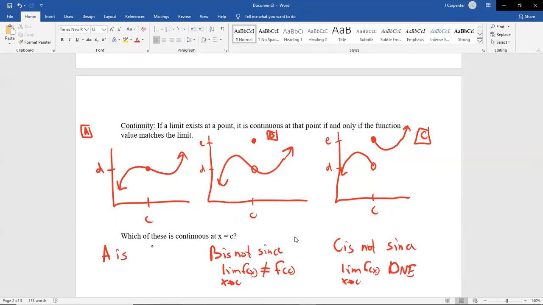Now, you can also talk about a function being continuous everywhere instead of just at a single point. So, let's put some numbers in here from 0 to 10. This thing is continuous at 1, it's continuous at 2, at 3, at 5, at 10, it's continuous everywhere. That's because to draw this thing, I just put my pen down and I can keep going until the far right side of it. Continuous means you can put your pen to paper and draw the whole thing without lifting it until the end.